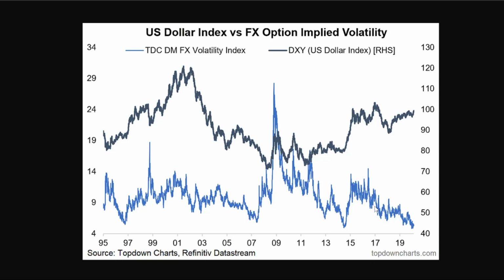Going back to that old market adage, low volatility is a good predictor of future higher volatility and vice versa. So there is probably an elevated chance that we do see a sharp and significant move in the US dollar.